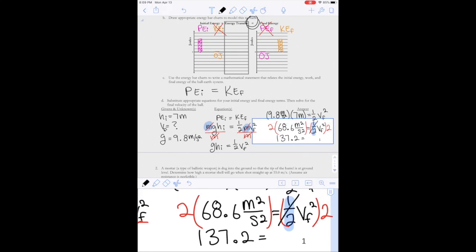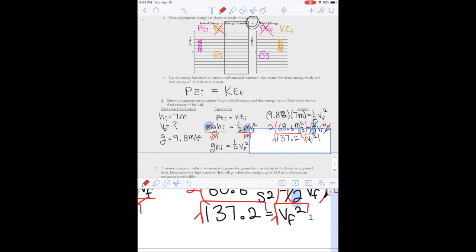And then this 1/2 and this 2 are going to cancel, and so that leaves me with velocity final squared. All right, going to go ahead and square root both sides of the equal sign. Square root of 137.2 is going to give us 11.7. And that is our final velocity.